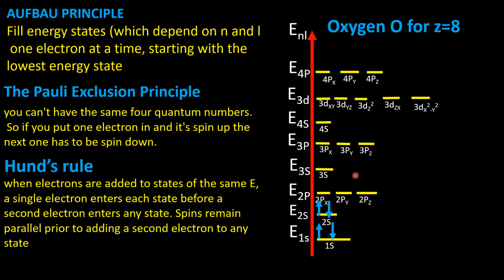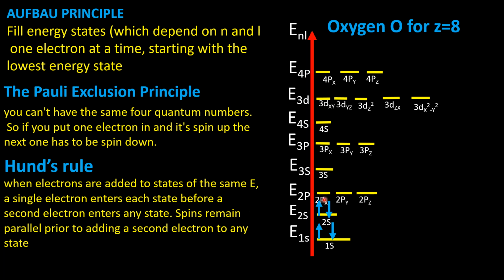Now we have 4 electrons. Still we have 4 other electrons to fill in the orbitals. So now we go to the 2p states. Hund's rule tells us that electrons are added to states of the same energy, a single electron enters each state before the second electron enters any state, and spin remains parallel prior to adding the second electron.